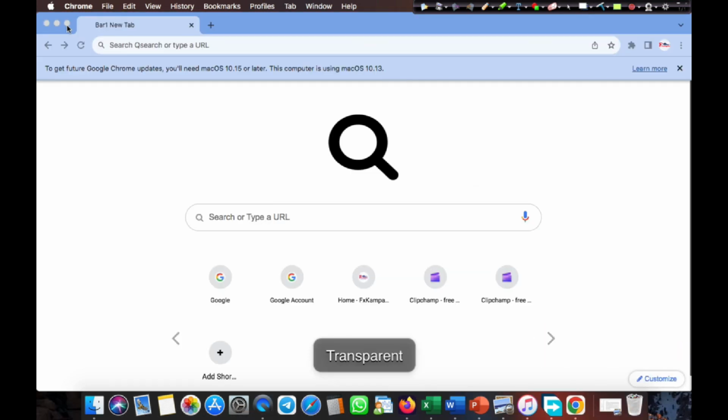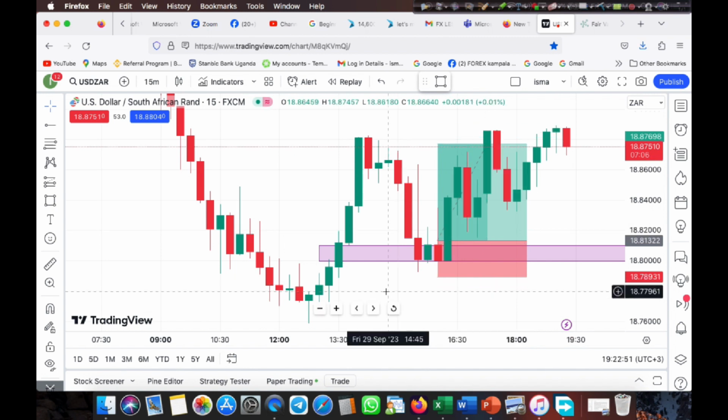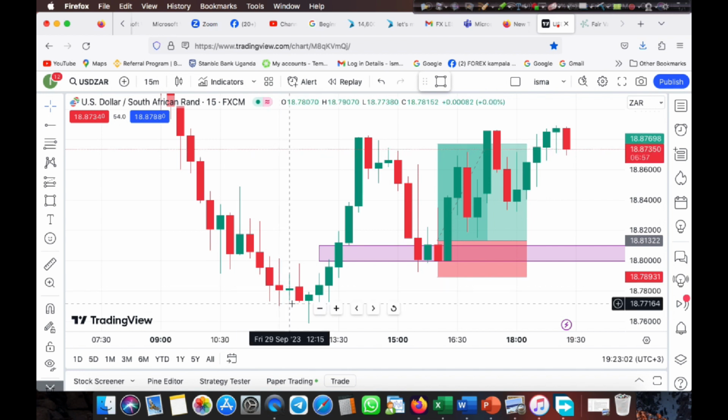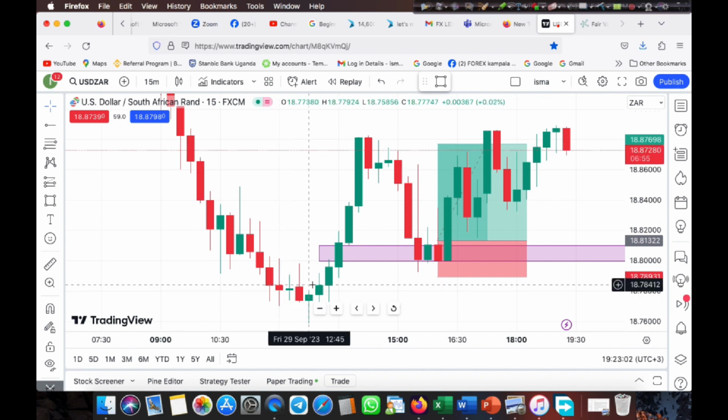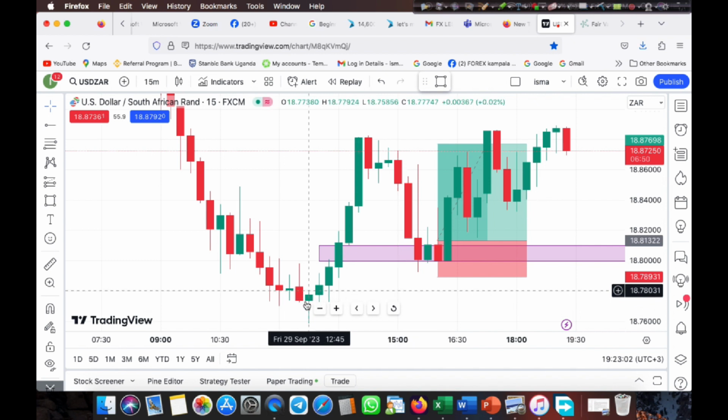For this example, we shall use US dollar South African rand, and the time frame is 15 minutes. As this market was moving, it decided to turn. Something I was trying to elaborate: look at this candle, 1, 2, 3.